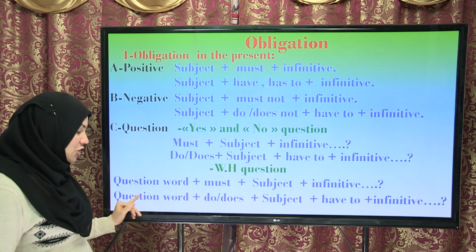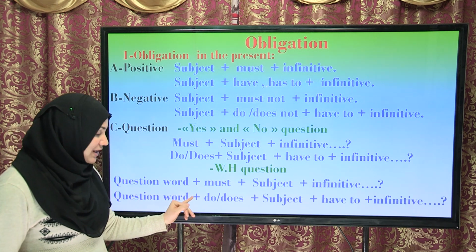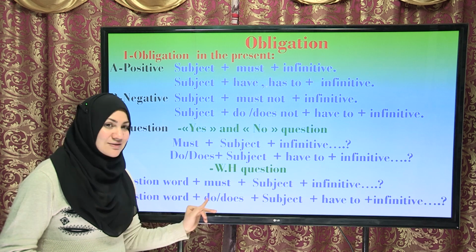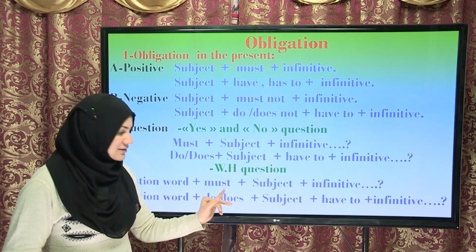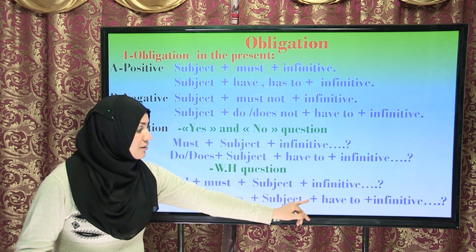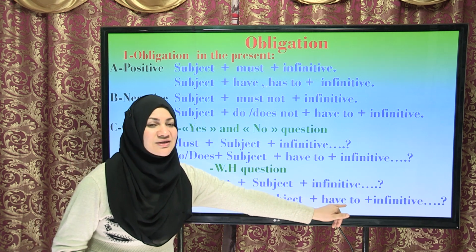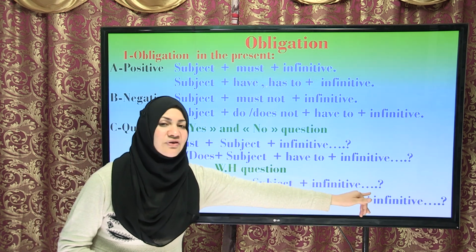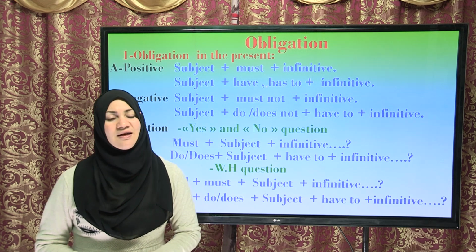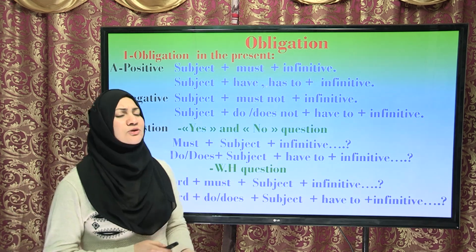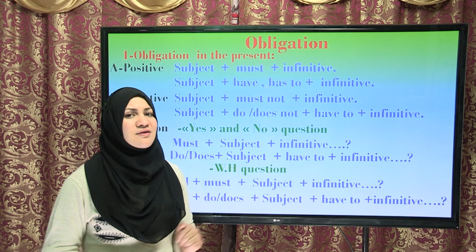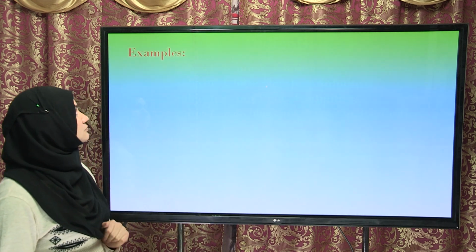Next, question word, the same thing, plus do or does, plus subject, plus have to, plus infinitive, the rest of the sentence, and question mark. We will see together some examples concerning this case.